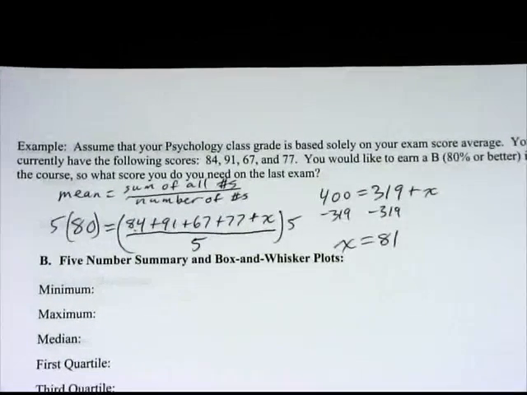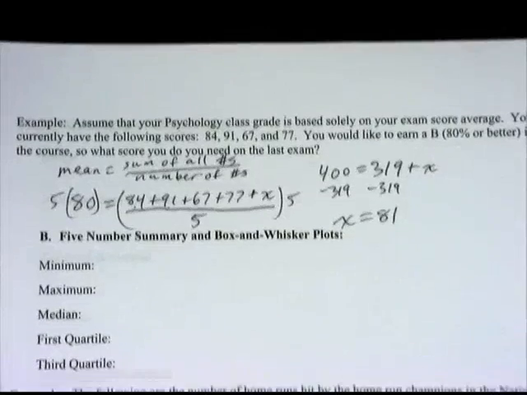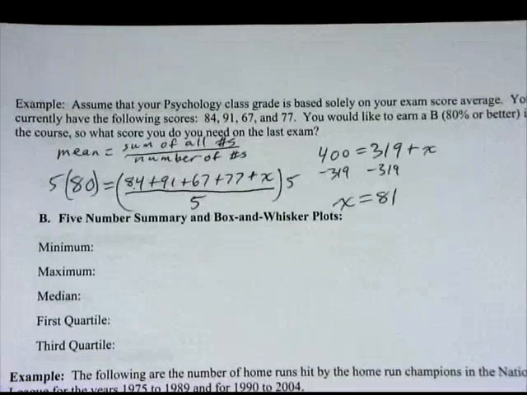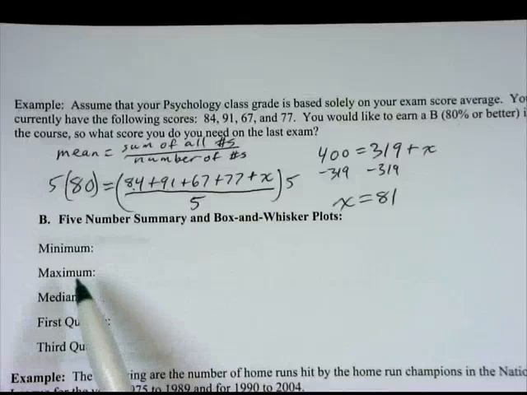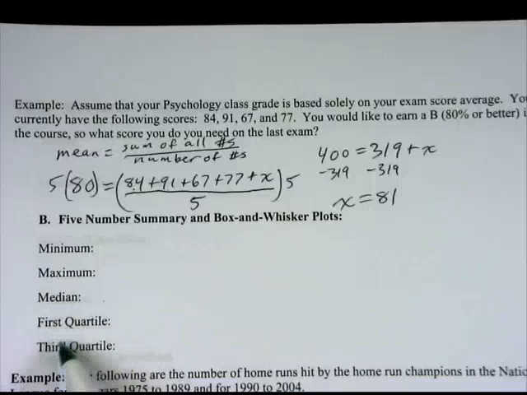The other thing we want to look at in this section is what we call a 5-number summary. And we use that in order to find another visualization, which is the box and whisker plots. And the 5-number summary consists of these 5 things: a minimum, a maximum, a median, a first quartile, and a third quartile.